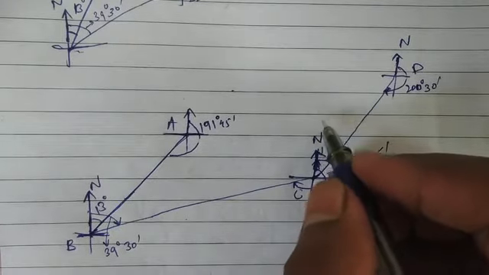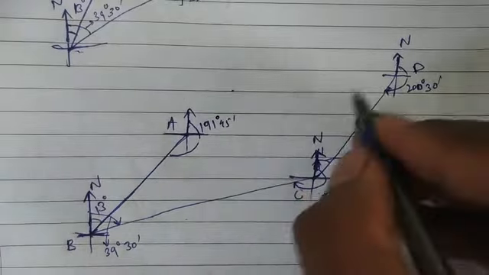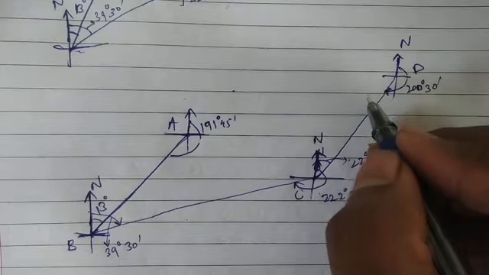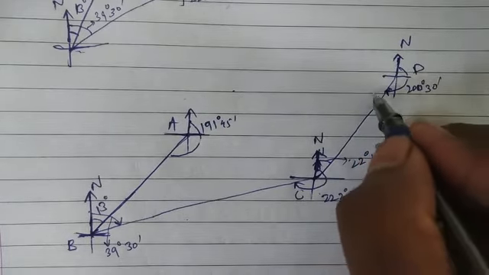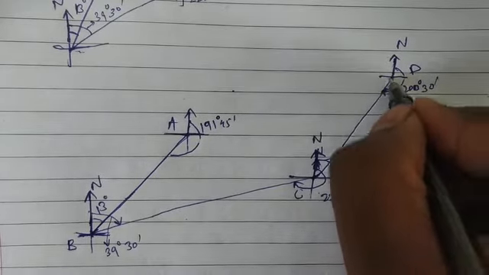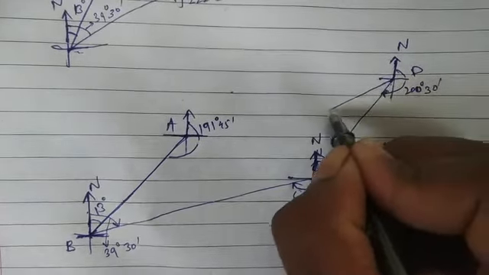After that, we'll draw the line DE. The fore bearing of DE is 242 degree 45 minutes, so it will be like this in the third quadrant.